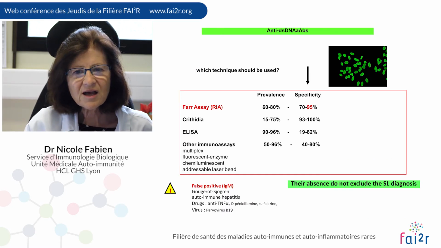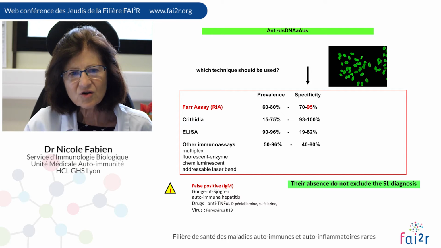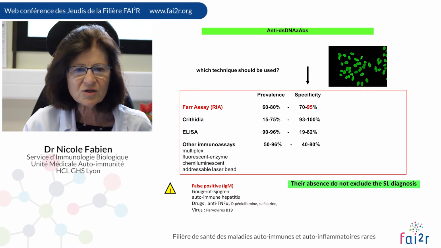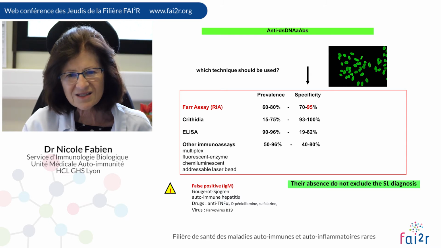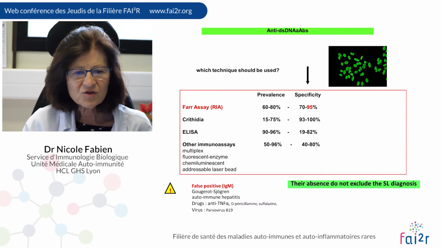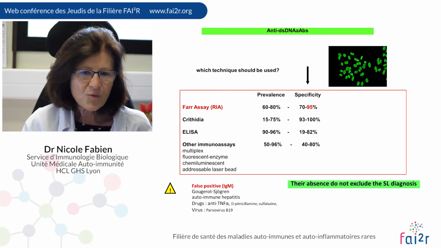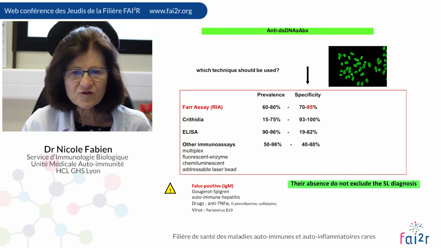Anti-dsDNA antibodies are very specific normally for lupus, but once again, be careful of the technique used to detect them, because we thought that the Farr assay is the best technique, but nowadays it's quite difficult to perform in a routine lab. And so we have to use ELISA or other immunoassays that can give a poor performance in terms of specificity.